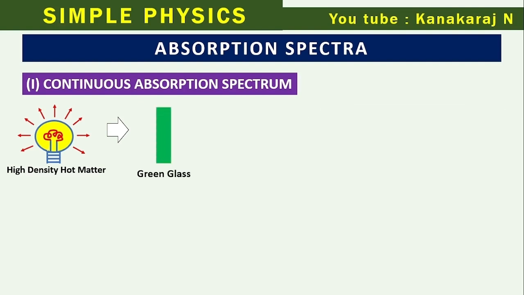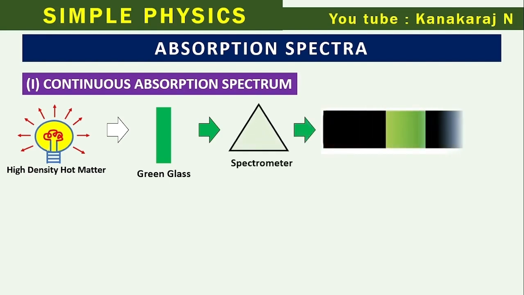When we allow white light to pass through green glass and then through a spectrometer, we get a continuous absorption spectrum of green color. Here the green glass absorbs all the colors except green.